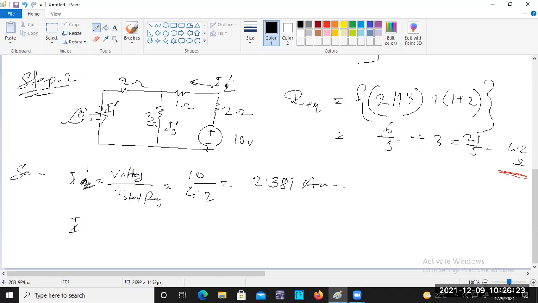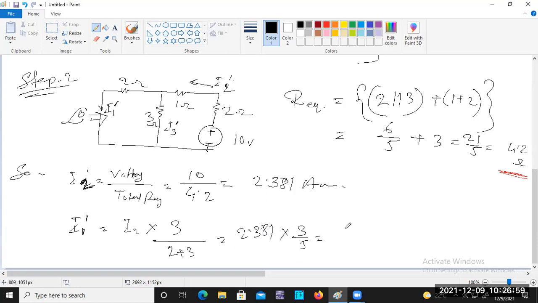I1 dashed is the main current or the total current, then it will divide into branches. So the opposite resistance 3 divided by the total resistance, 2 plus 3. So I2 is 2.381 into 3 by 5.